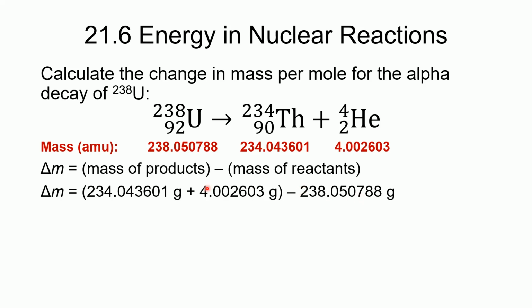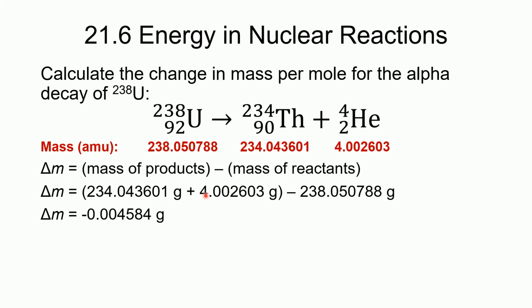When we do the math, this is the number we get. The mass of our products is 0.004584 grams less than the mass of our reactants. So that means that the mass disappears. That would appear to violate the law of conservation of mass.